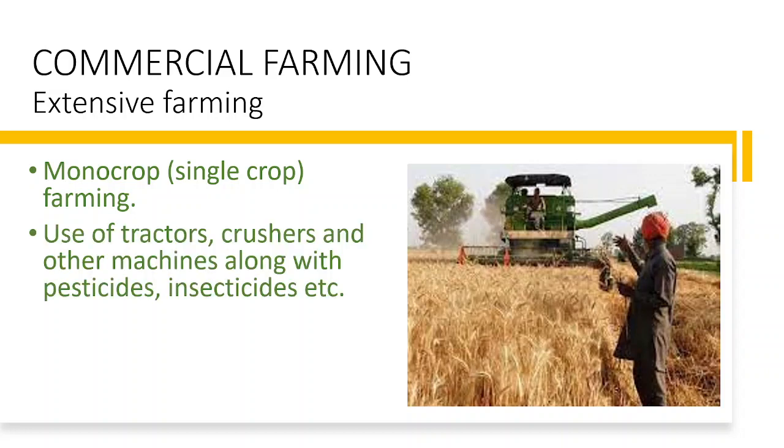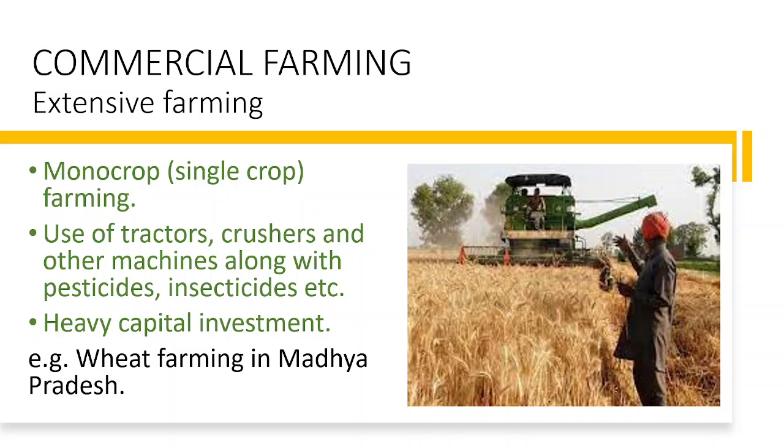There is usage of tractors, crushers, rovers, and other such type of machinery. There's also the use of pesticide, insecticides, and other biochemical uses which are required to increase the yield of the crop. There is heavy capital investment because the sole objective here is to earn profit. An example would be wheat farming in Madhya Pradesh in India.